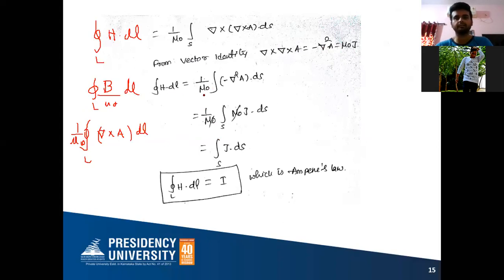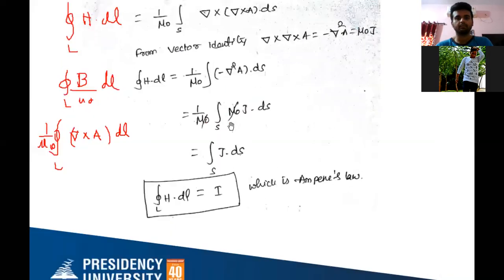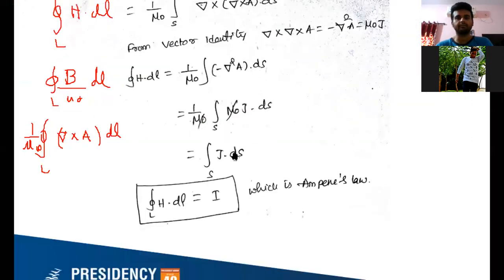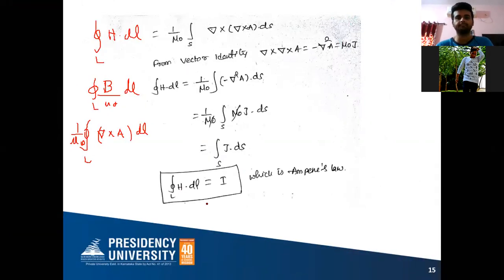Now just substitute here: 1 by mu naught into minus del square A into ds. Mu naught gets cancelled, and you ultimately get J dot ds. So what is J dot ds? Current enclosed is J dot ds. This also I discussed in my previous lectures. So ultimately we got H dot dl equals I, which is again Ampere's law.